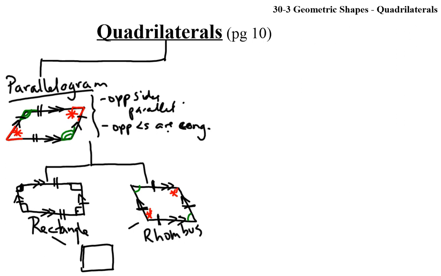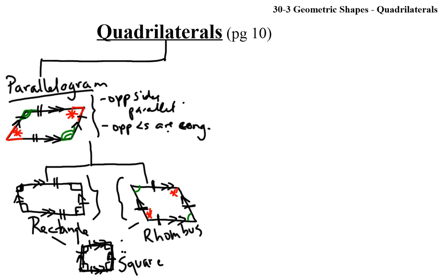Why is a square the most unique parallelogram, you could argue? Because opposite sides are parallel. We know that. Opposite angles aren't just the same, they're 90 degrees. And all sides are the same. So it has rectangle features and the rhombus feature of congruent sides, and that's why a square is so unique.